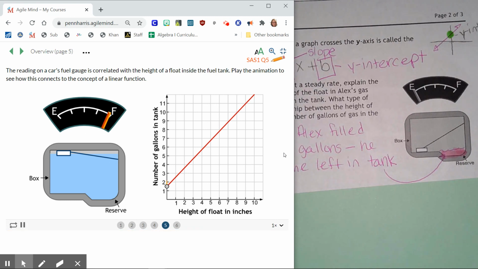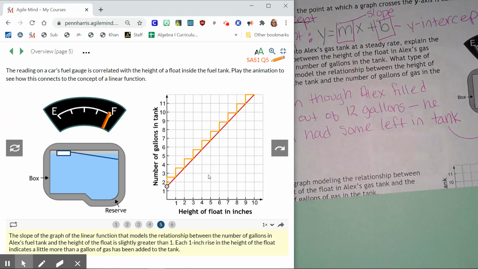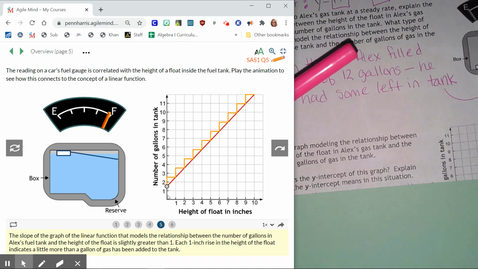Okay, so what I want to do on this, guys, let's look here. What is the y-intercept? Okay, what is our y-intercept on this problem? I'd say that it looks like maybe 1.5. Remember, guys, y-intercept is where it crosses the y-axis. Well, here's my y-axis right here.